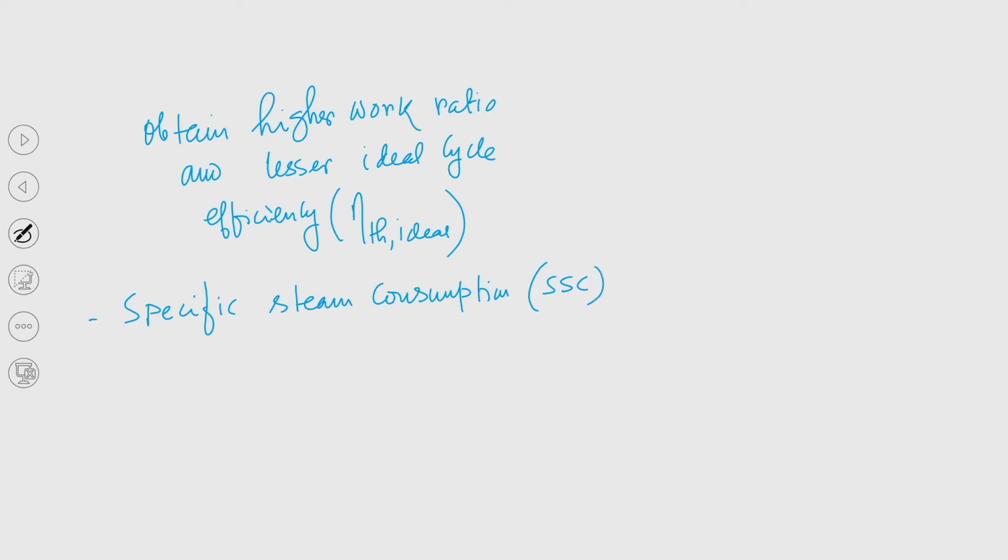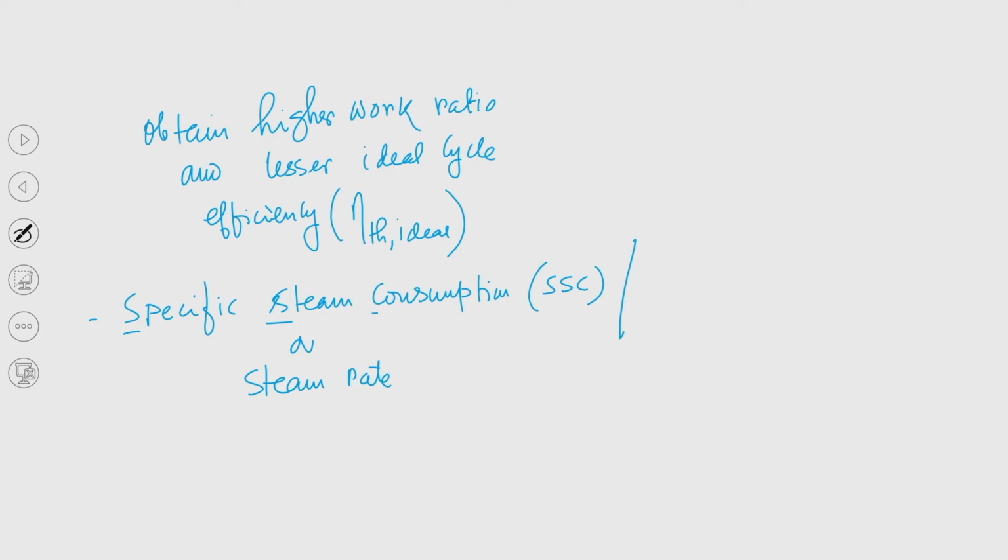This is another important index which is used for the comparison of steam power cycles, the specific steam consumption, or sometimes specific steam rate, the steam rate. Okay. So, this is another important index which is used to compare the performance of the steam power cycle.